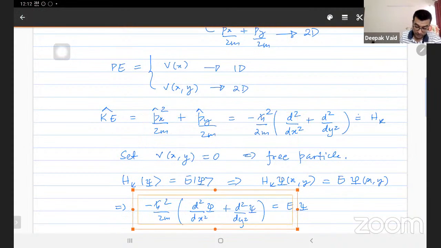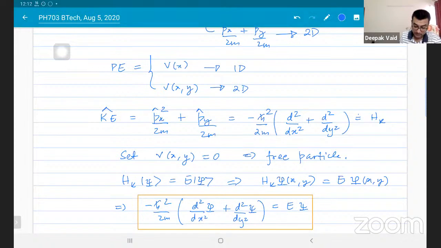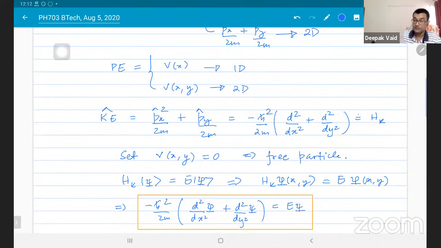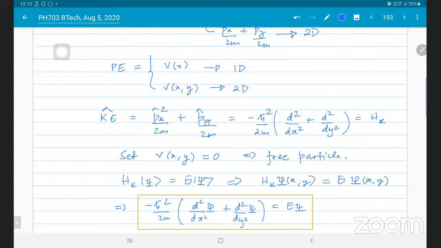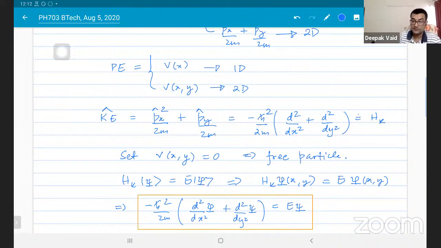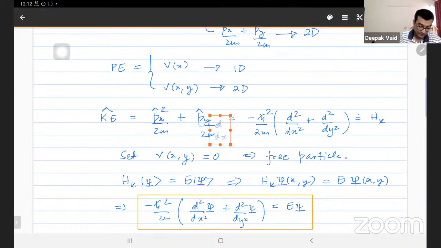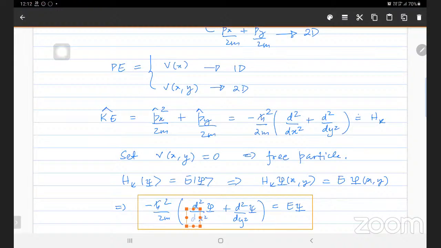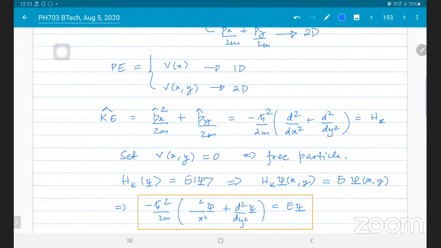Is this okay? Should I go back and clarify something? Excuse me, sir. In this equation, the psi depends on x and y both, right? Yeah, okay, right. So this is a partial derivative. You're right. Is that what you were trying to tell me? Yes, sir. Okay, thank you.